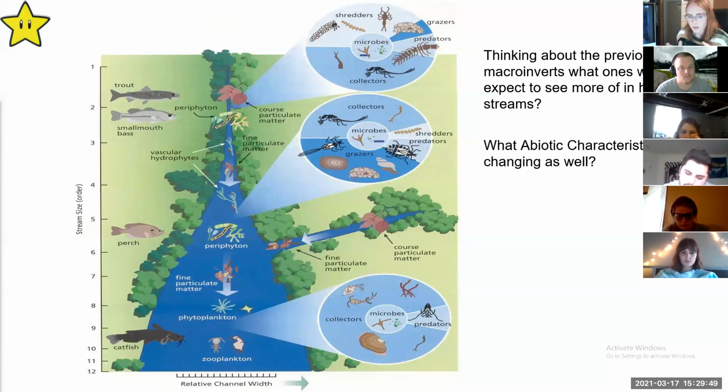And then to build off of what we were thinking about earlier with habitat heterogeneity, like little small pockets of habitat, as you move down your stream and it expands, you're going to have more microhabitats in your width area. So you can have more diversity because you have more habitat complexity.